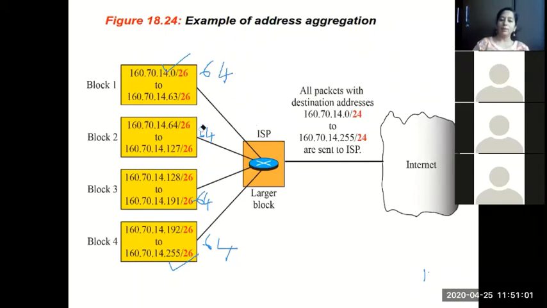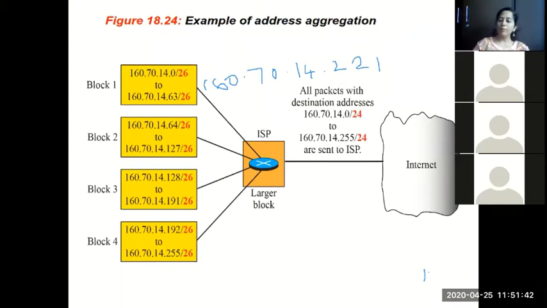So the internet service provider shows the address for RNSIT as anywhere between this range, and the subdivision comes after. Say I try to access a device with address 160.70.14.221. Say this is the IP address of the device which I am trying to access. Then it is the job of the internet service provider.